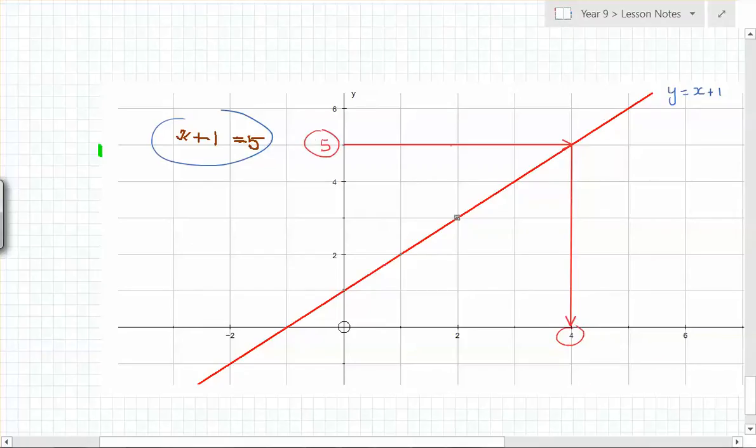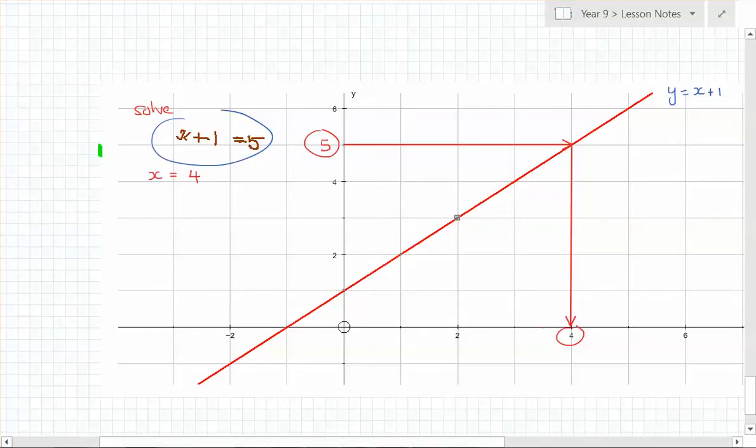If I wanted to solve x plus 1 equals 5, I would say x equals 4. So we did it algebraically, and now we've done it graphically.